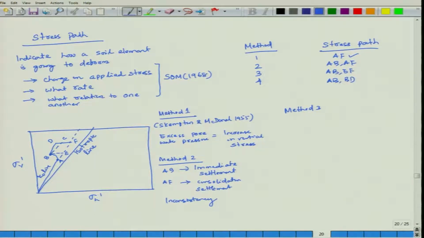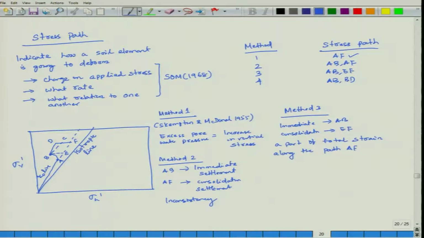Now, come to method 3. Immediate settlement is a function of stress path AB, while consolidation settlement occurs along stress path EF. So, only a part of the total strain along the path AF depends on the magnitude of excess pore water pressure.